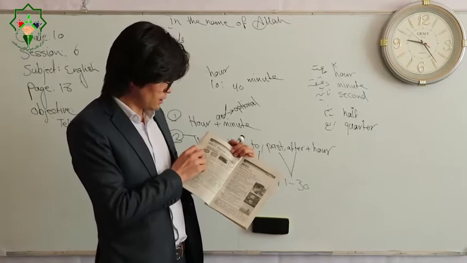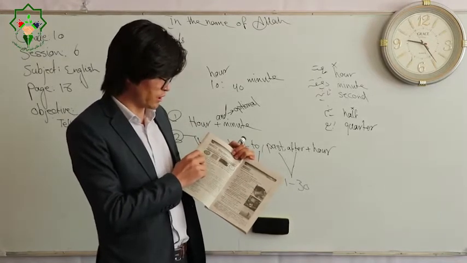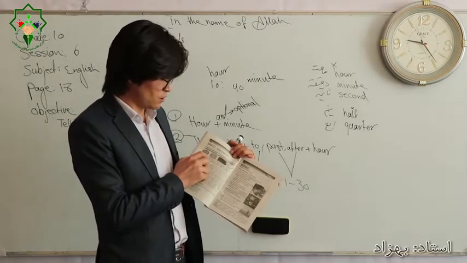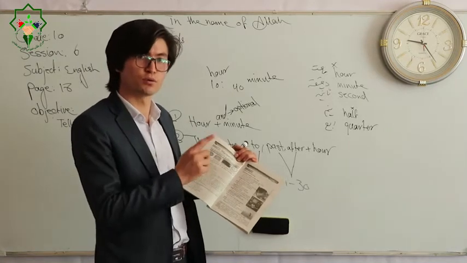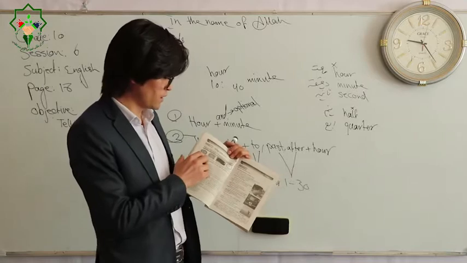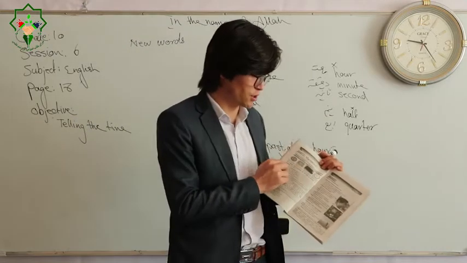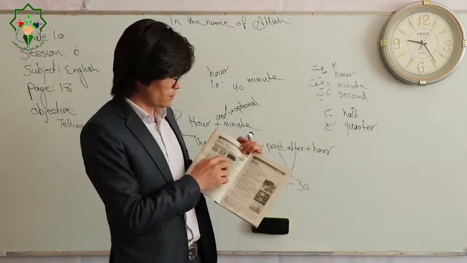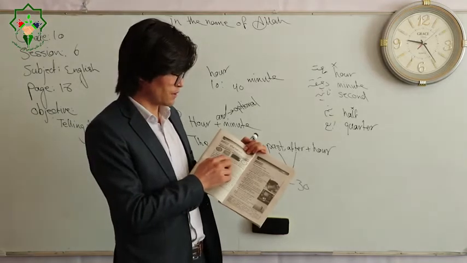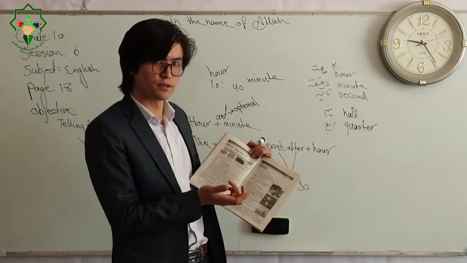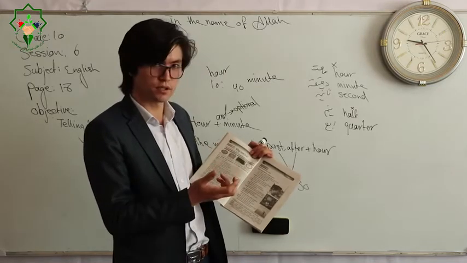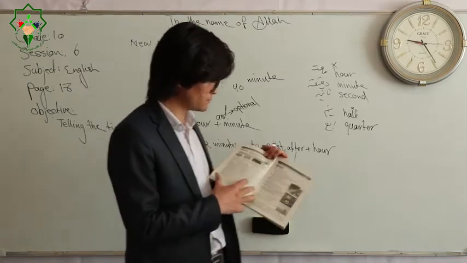Look here. 11:12, 12 past 11. 2:25, 2 and 25, as I told you, it is correct. And then 25 past 2. This one, 3:57. 3 and 57 is also correct. 57 past 3. 57 after 3, also correct. Got it?